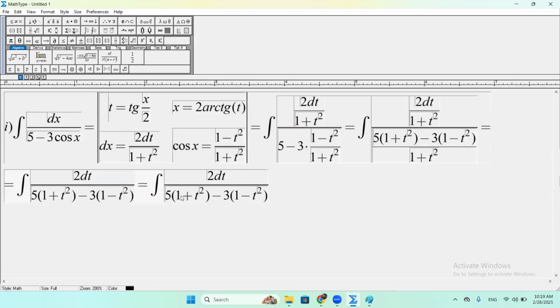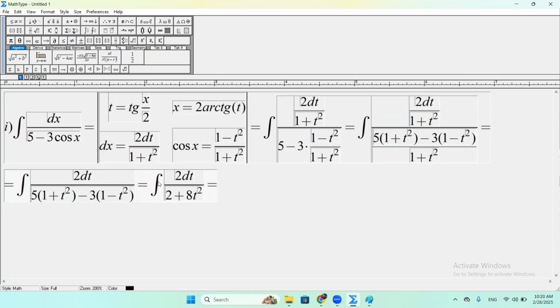So 2 dt, and then 5 minus 3, so 2, and plus 8 t square, so 5 t square plus 3 t square.